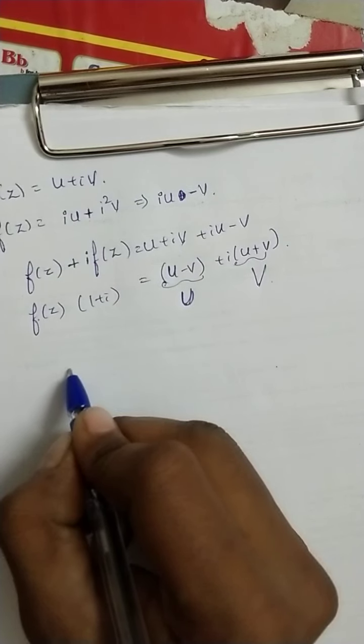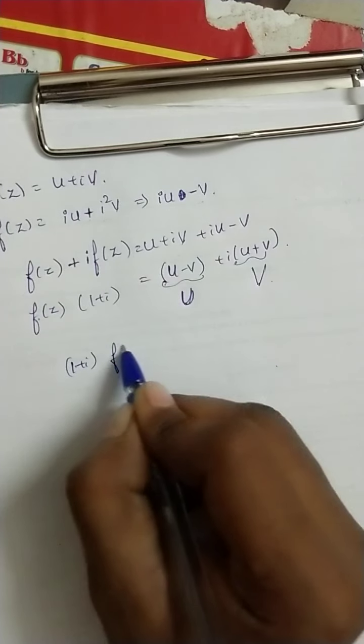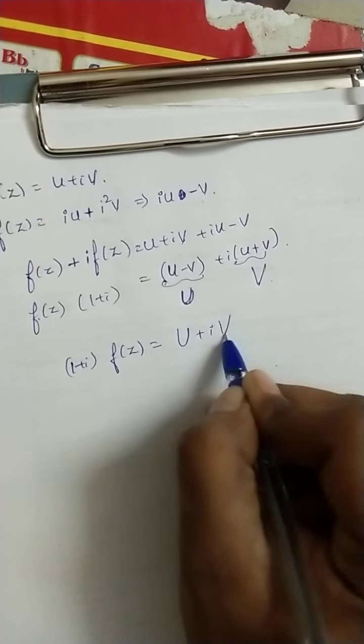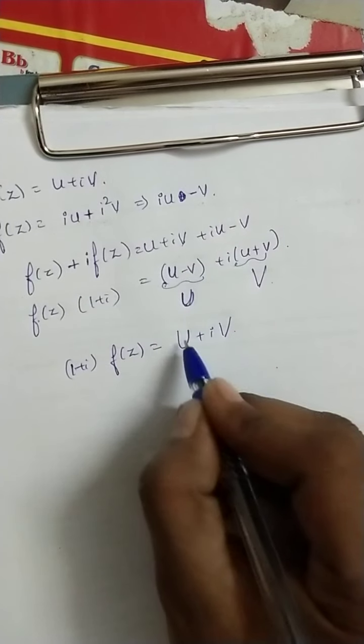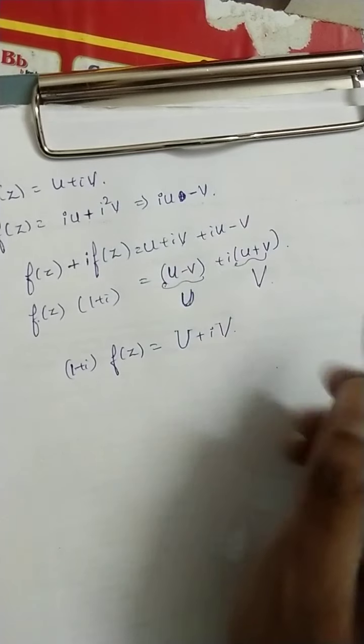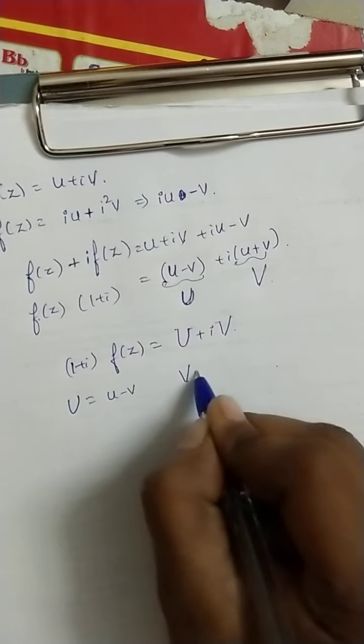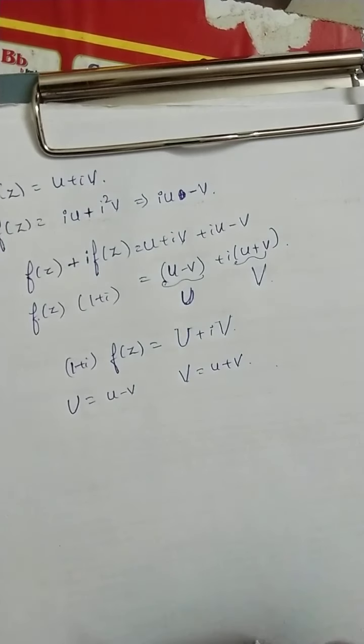Now you can write it as 1 plus i into f of z is equal to capital U plus i into capital V. Okay, this is small u, small v, and capital U and capital V is our representation. Now you can write capital U as u minus v and capital V as u plus v, because we need to prove that f of z is an analytic function of z. So for that purpose we are solving this one.